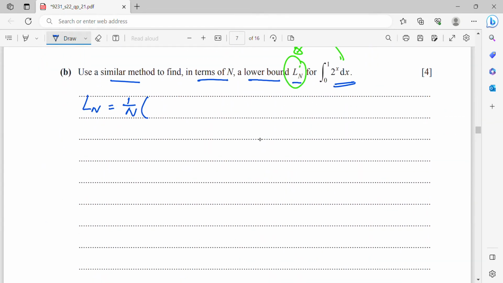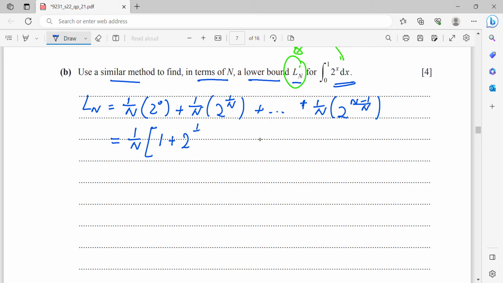So 1 over n times 2 power 0, plus 1 over n times 2 power 1 over n, plus until 1 over n times 2 power n minus 1 over n, the previous ordinate. Again, the 1 over n is in common, so you can factorize it. The 2 power 0 you can change to 1, plus 2 power 1 over n, plus, if you want to see clearly, 2 power 2 over n, plus until 2 power n minus 1 over n.